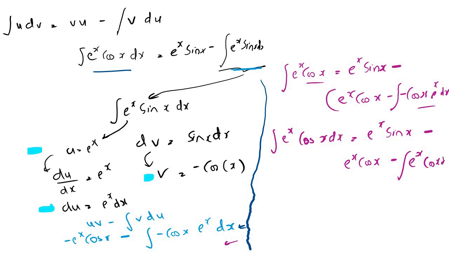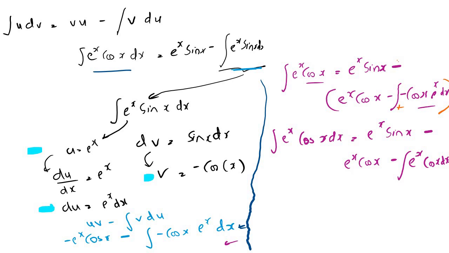Now you might wonder, why is this negative? Negative and negative is positive. That is true. But there's another negative here that made this a negative. So this negative belongs to the entire group.